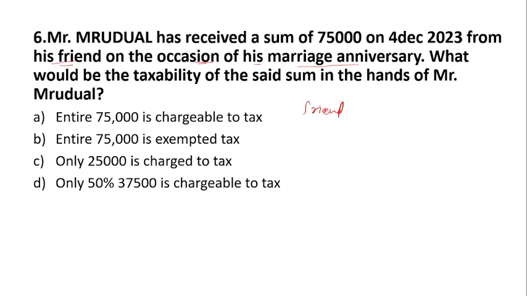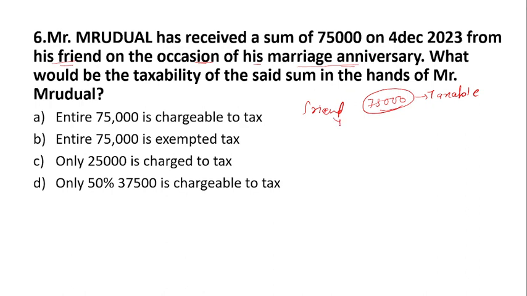In case of a marriage anniversary, if his friend is giving a sum of rupees to Mrudul, then it is not exempted from tax. The entire amount, that is 75,000, is taxable when his friend gives him a sum of rupees on the occasion of the marriage anniversary.